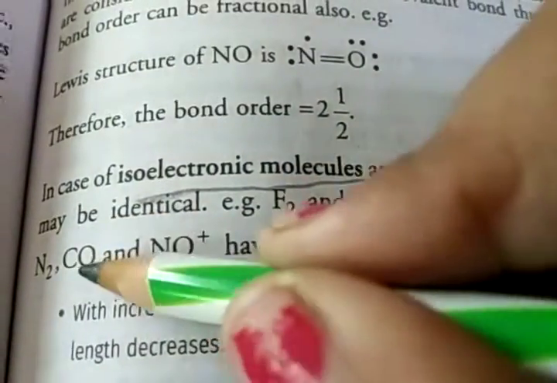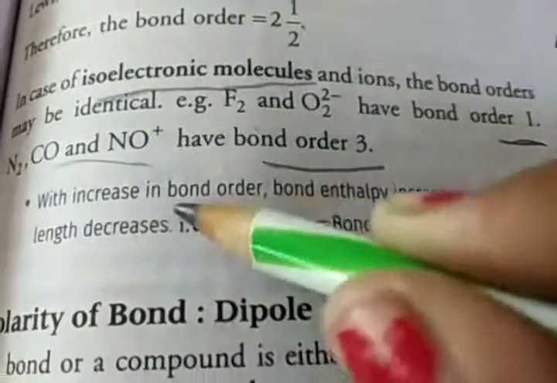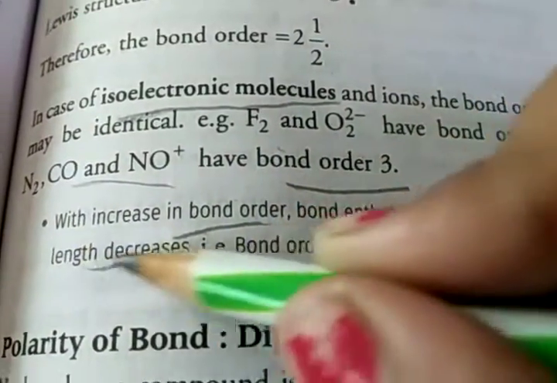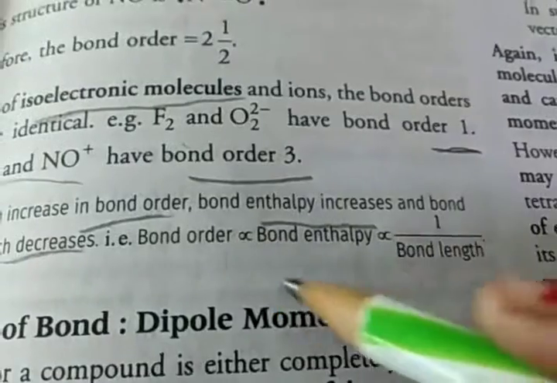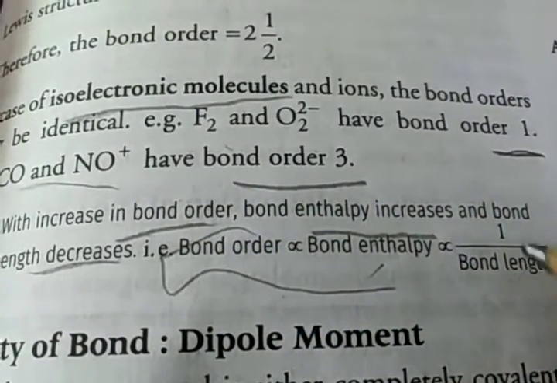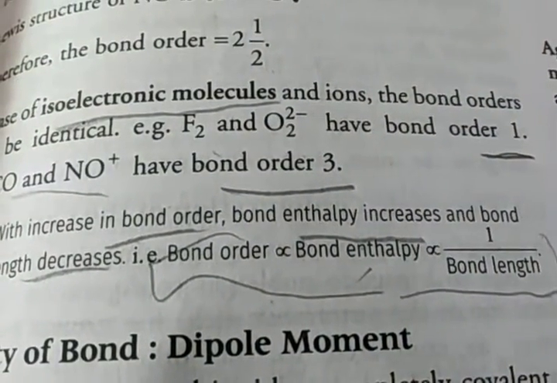Nitrogen, carbon monoxide and NO plus have bond order 3. So with an increase in bond order, bond enthalpy increases and bond length decreases. So bond order is directly proportional to bond enthalpy and inversely proportional to bond length.